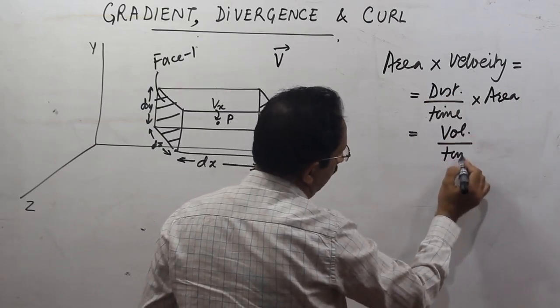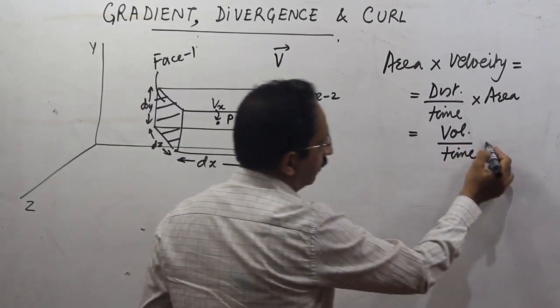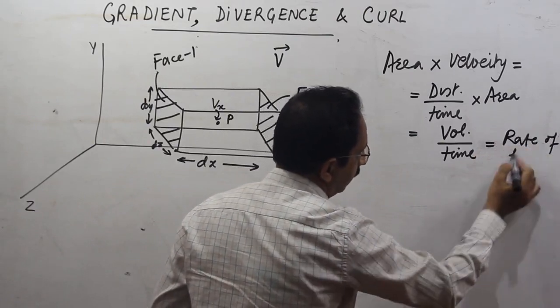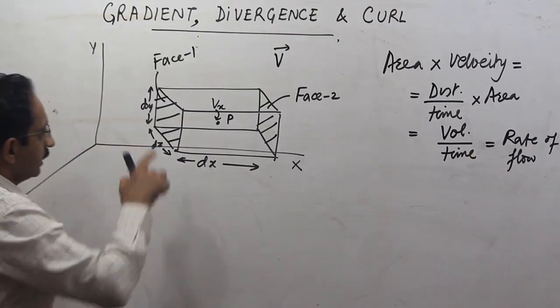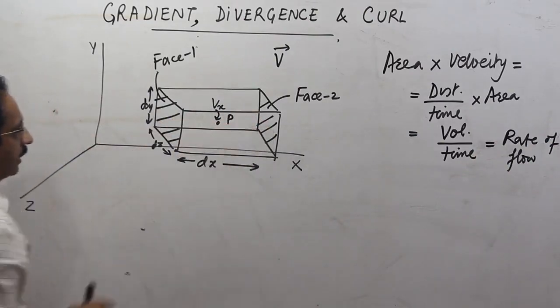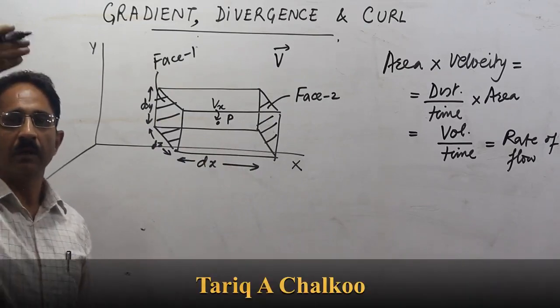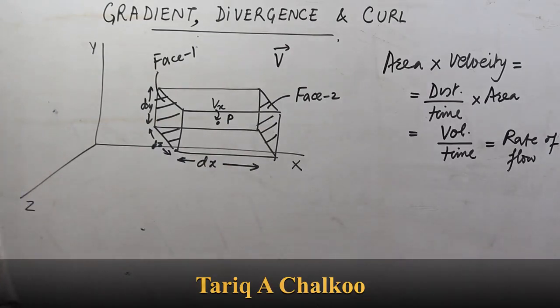So this becomes volume flowing out per unit time. इसको हम rate of flow भी कहते हैं. In fluid dynamics, we call it the rate of flow. So think that the velocity of the liquid here and here, if multiplied by the perpendicular surface area of the given face, can give us the volume flowing out per unit time.